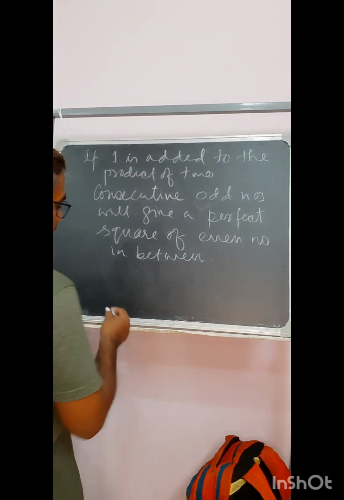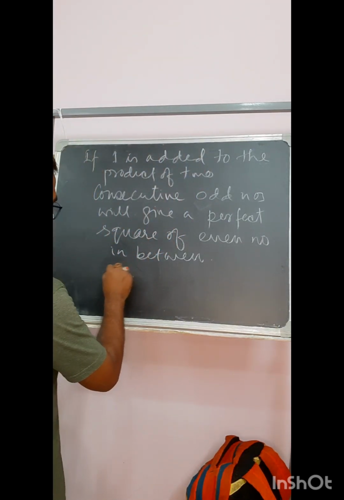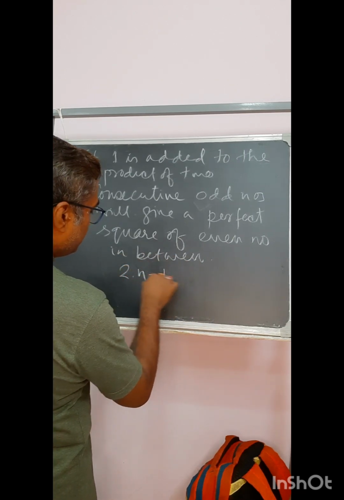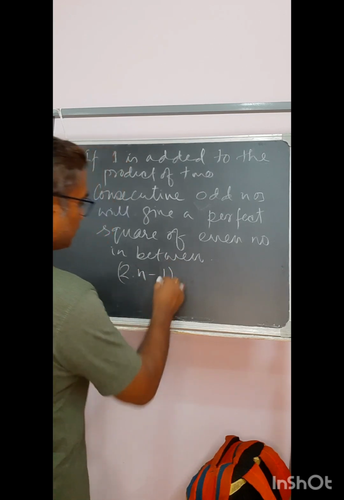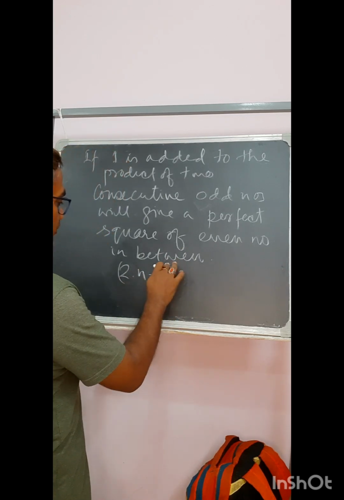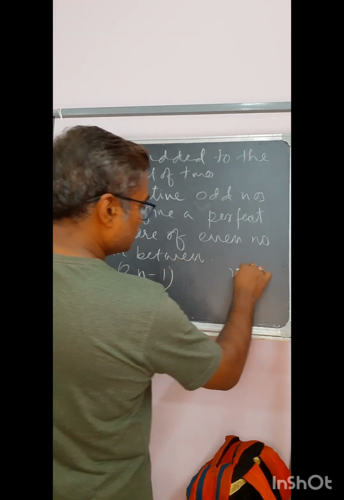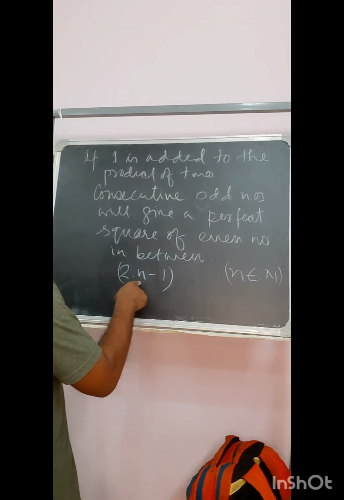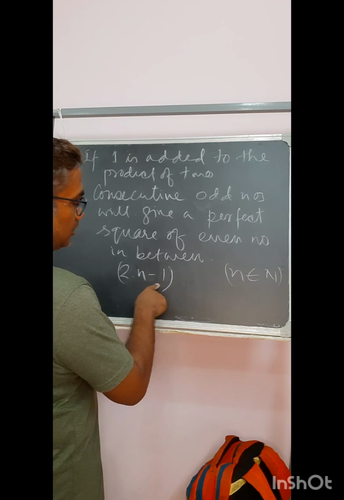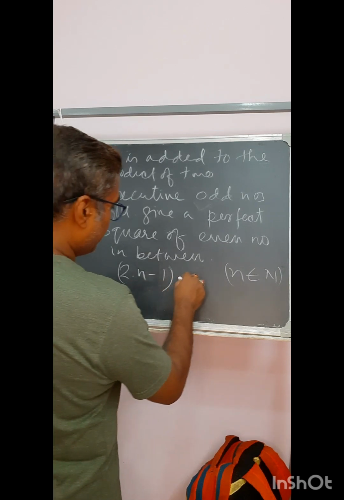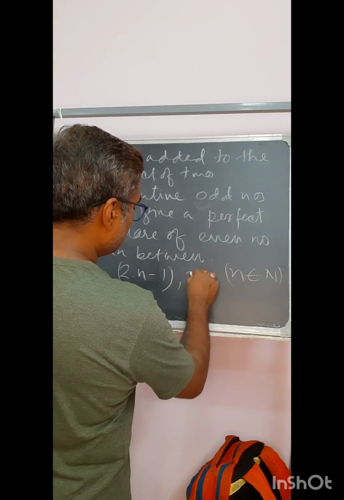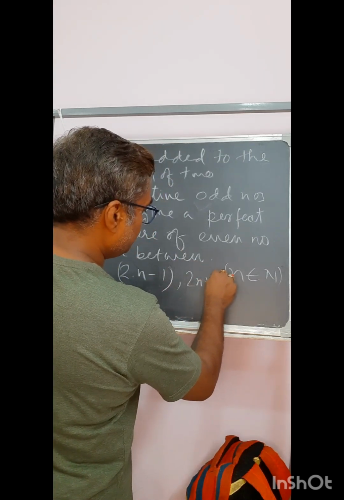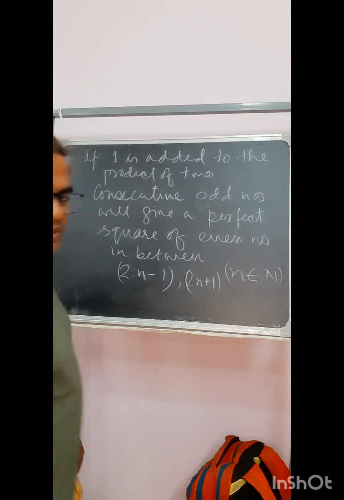So let me take two odd numbers. I can represent an odd number as 2n minus 1, because for any value of n, where n belongs to the natural numbers, I will get an odd number here. The consecutive odd number would differ by 2, so this would be 2n plus 1.